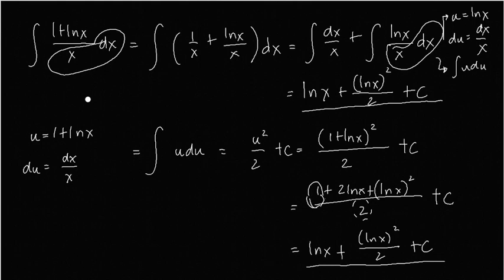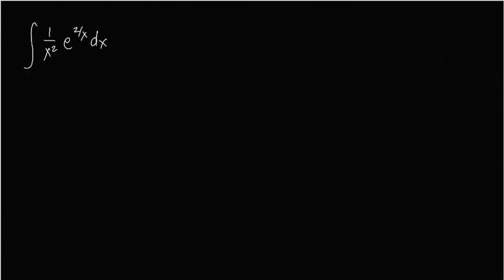Let's proceed to problem number 5. For number 5, we have the integral of 1 plus x squared e raised to 2 over x dx. So to get rid of the exponent here of e, we will let it be u. So u is 2 over x. And then du should be equal to what?